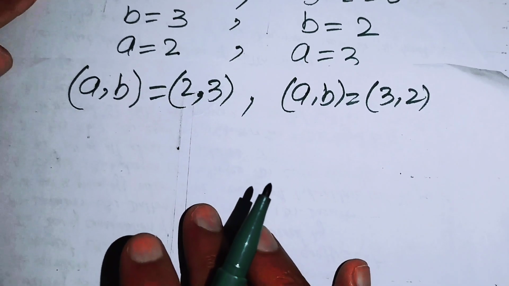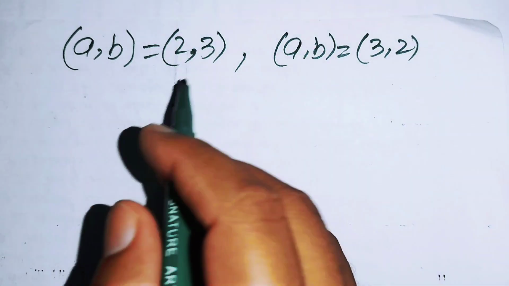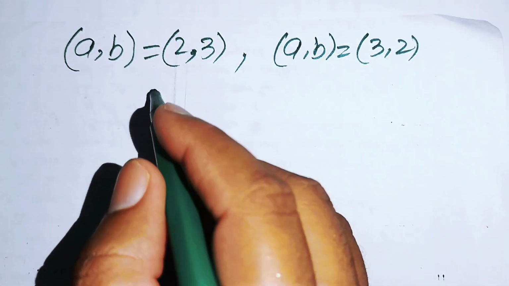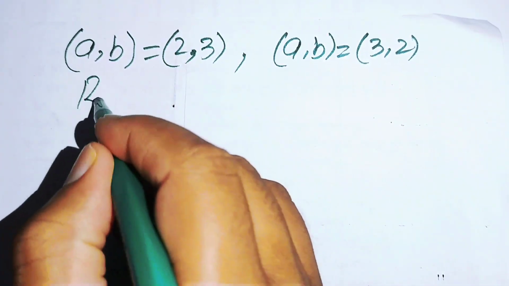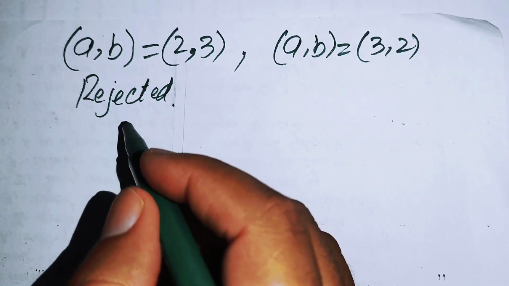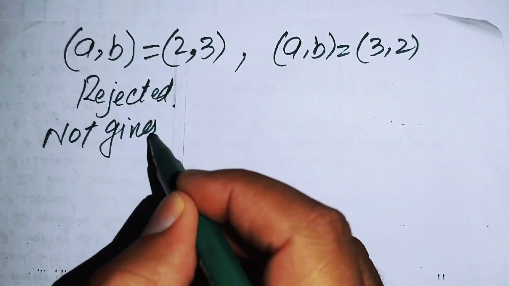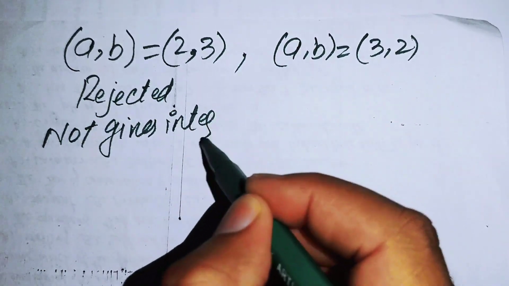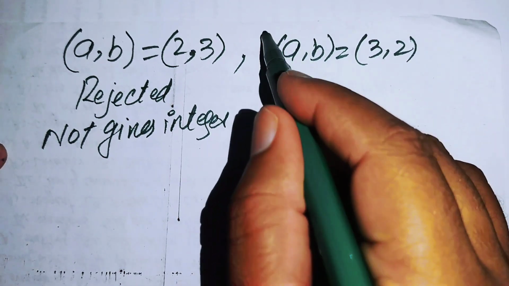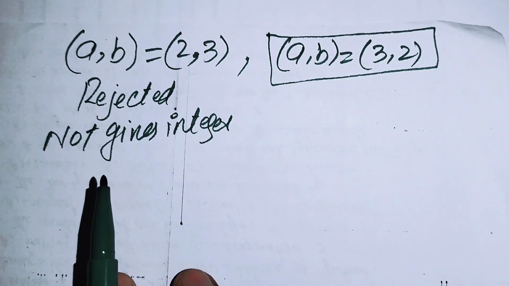So now after checking the values of a and b in the given question statement, you see that one pair is rejected because it does not give integer solutions. So we reject this case, and we can finally say that this is the only solution which gives us integer values.